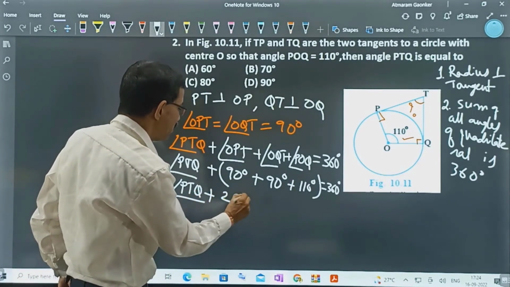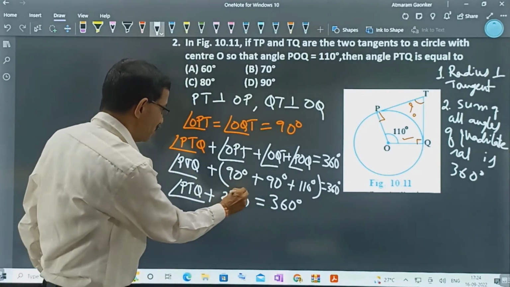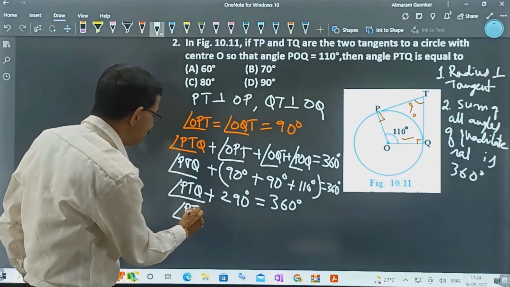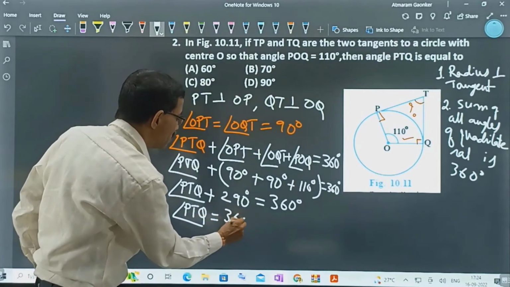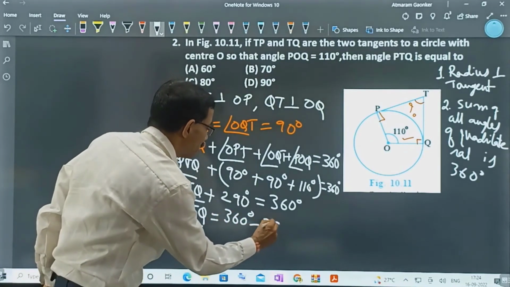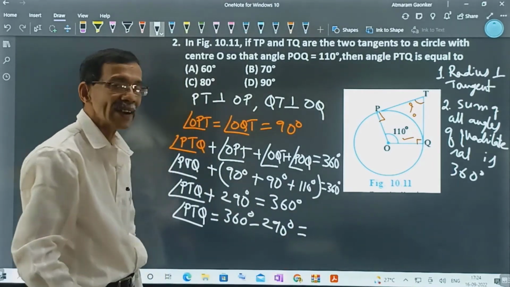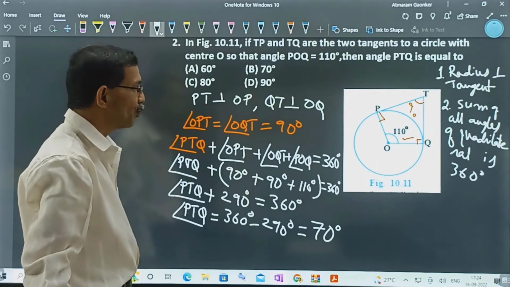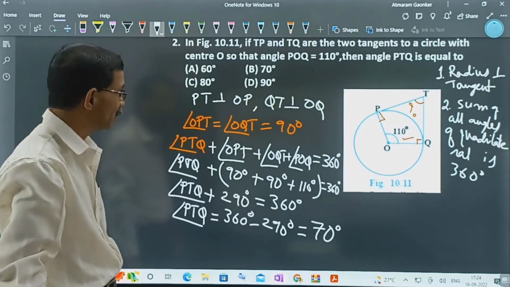So this 290 is equal to 360 degrees. So finally we can say that PTQ, which is asked in the question, is equal to 360 degrees, and this 290 I am transferring to that side. 360 minus 290 works out to be 70 degrees. So therefore, angle PTQ is 70 degrees.